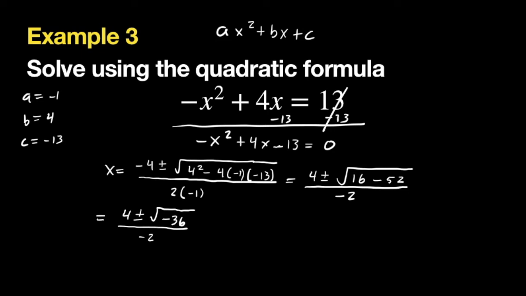This is where we need to use our complex knowledge. We know that 36 does have a root, but we have a negative, so it's not going to be a real root.